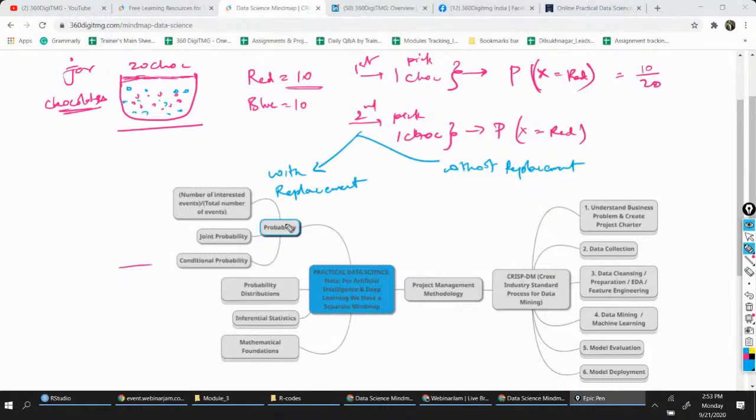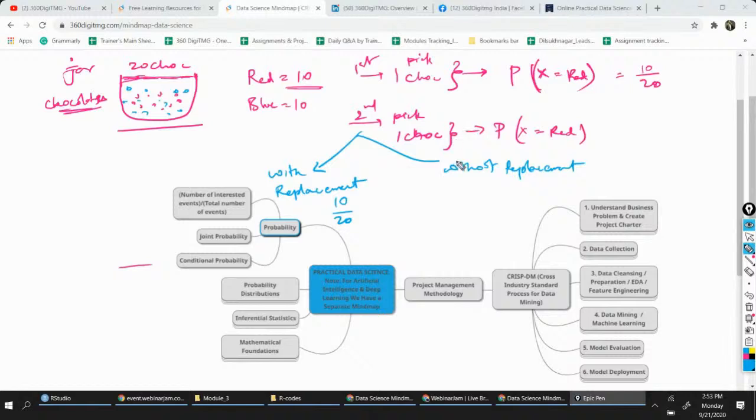So the probability of my son picking a red chocolate in the second pick will also be the same, 10 by 20 only. He did not eat it, he put it back. So he will have 10 by 20.